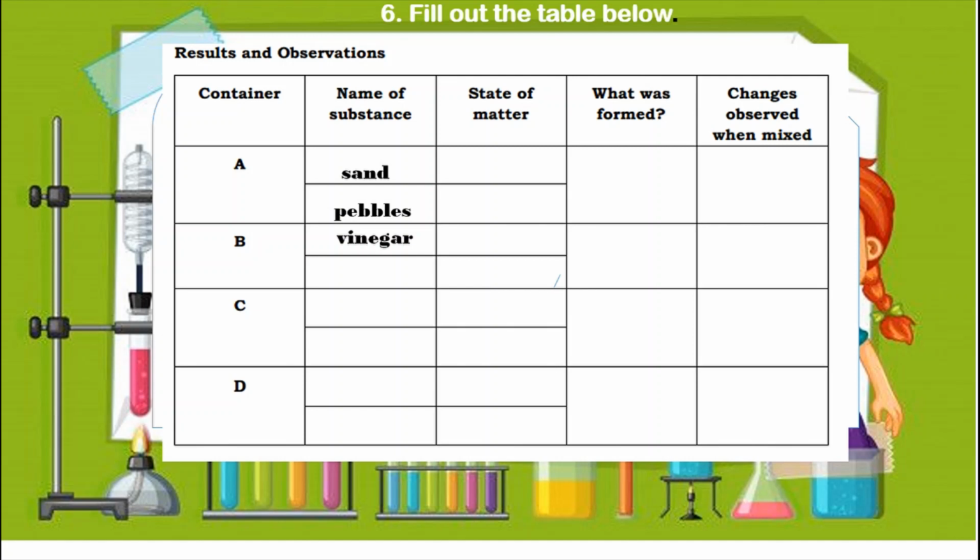So sa B, container B, unsay gibutang nato dito? Vinegar, nagbutang pud og soy sauce. Then sa container C, ang atong gibutang kay sugar ug water. And sa container D, oil and water.